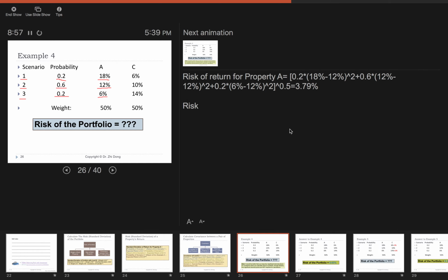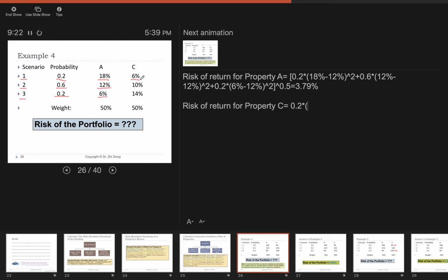Risk of return for property C equals exactly the same process. Now we need the probability under the first market scenario, 0.2 times the deviation of property C's return under the first scenario from its expected return.